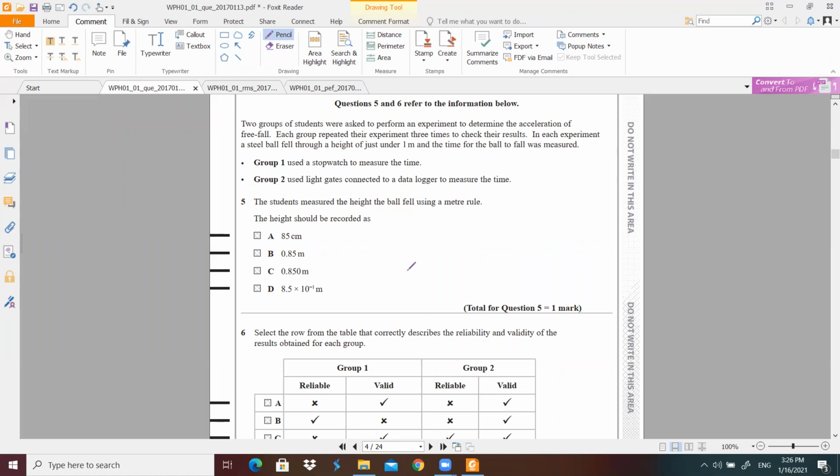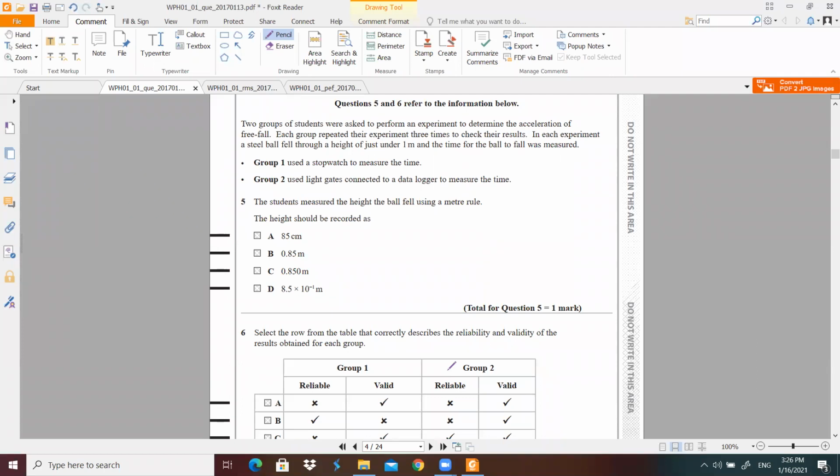So 100, how many SF is there? So in a meter rule, how many significant figures? It's 3 significant figures. So my answer should be in 3 significant figures irrespective of the unit.